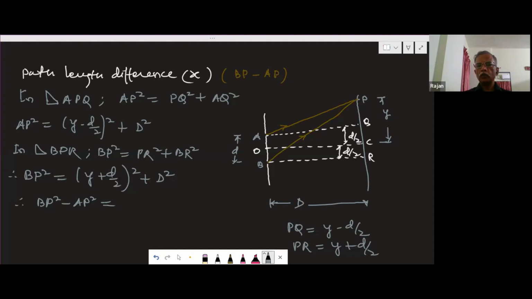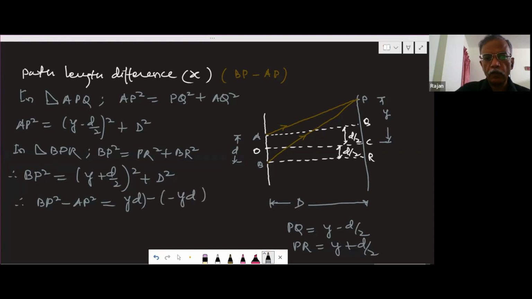These two terms will also go away when doing minus AP square. Now what is left out? The other term in the square, basically A plus B whole square, so twice AB term will come up. Twice into Y into d by 2 will give you Yd. So it will be basically Yd minus minus Yd, first term only Yd. So this is your 2Yd, yes or no?